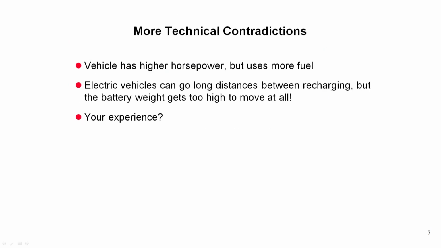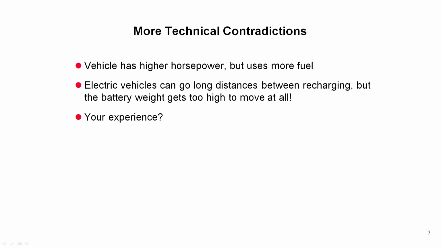Technical contradictions, you can also think of. For example, a vehicle has higher horsepower, but uses more fuel, a contradiction. Electric vehicles need to go long distance between recharging, but the battery weight then gets too high, a contradiction.